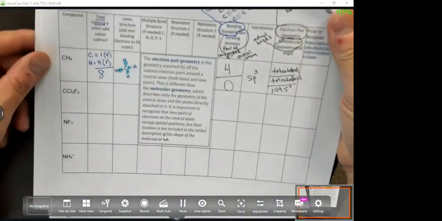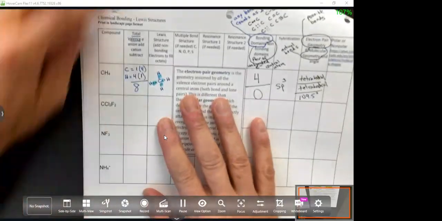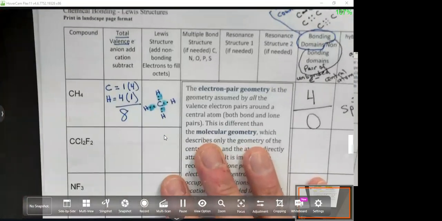We left off, we just started doing Lewis structures a little bit. And we did CH4.